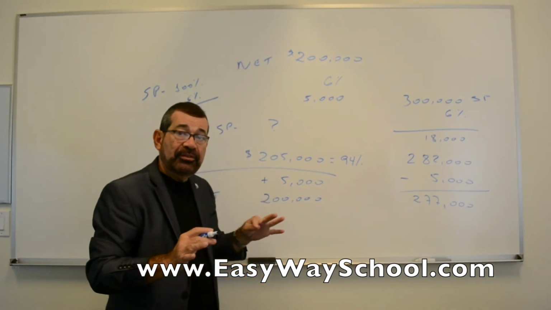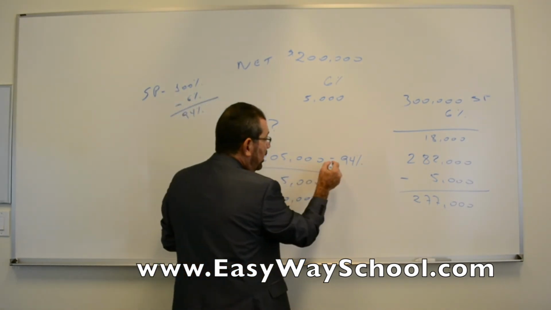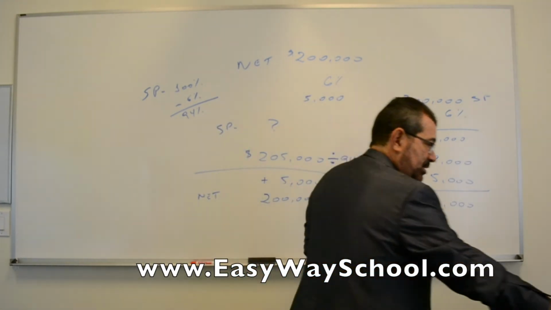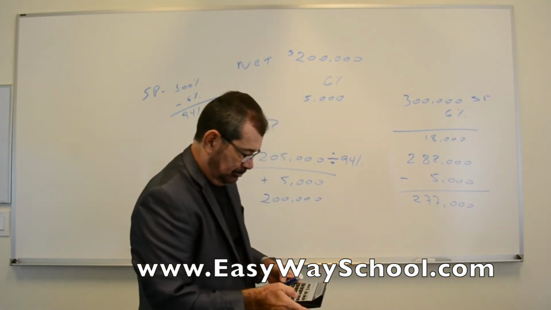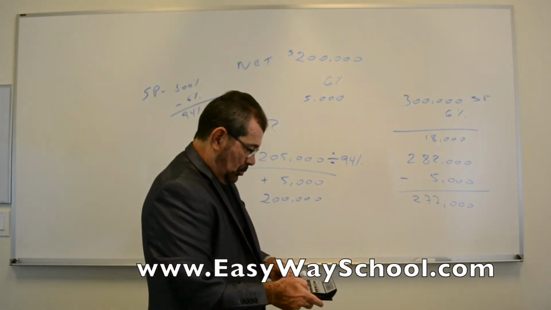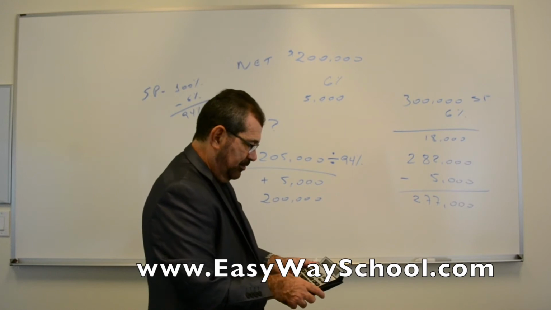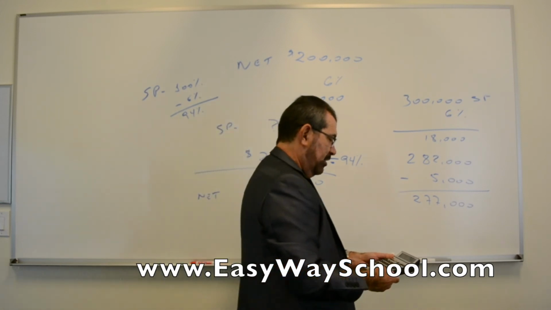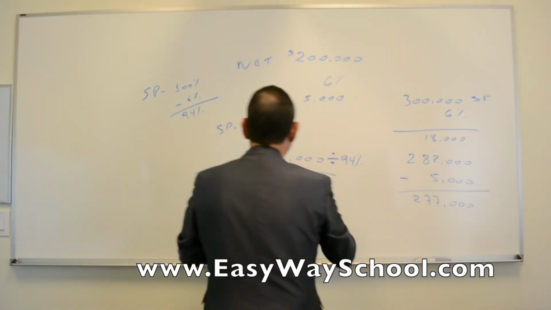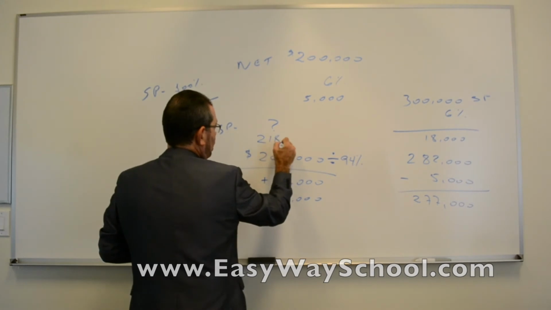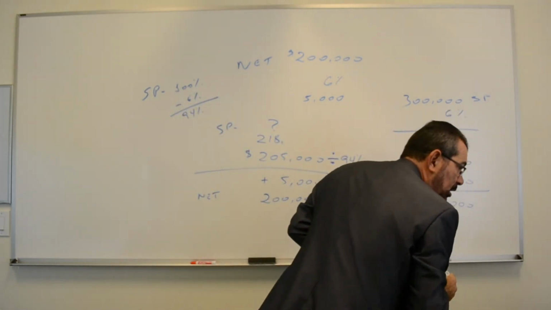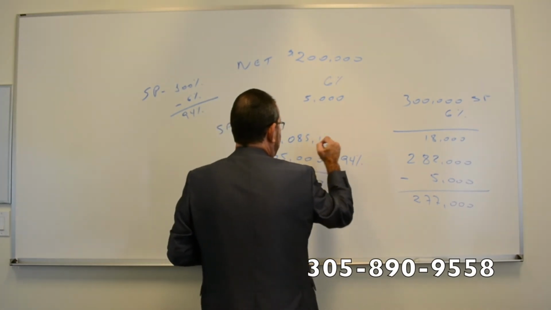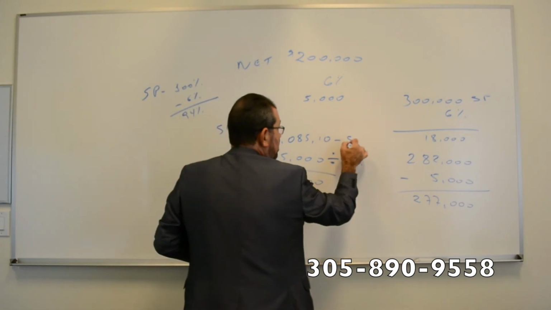So what do I have to do? Very simple. I take 205 and divide it by 94%. We have $218,085.10. So this is my sales price.